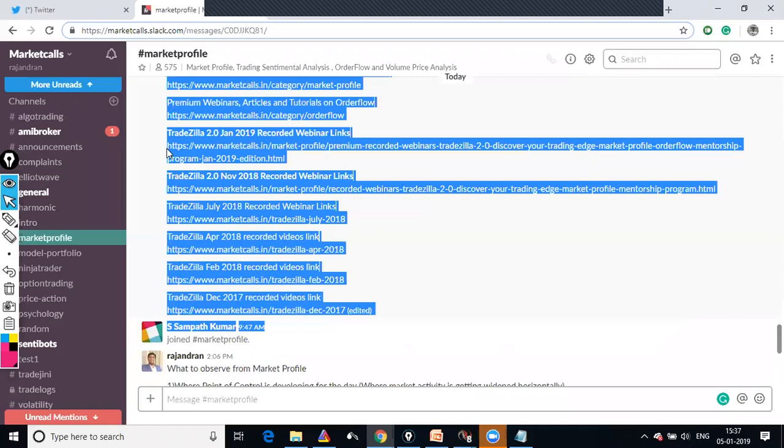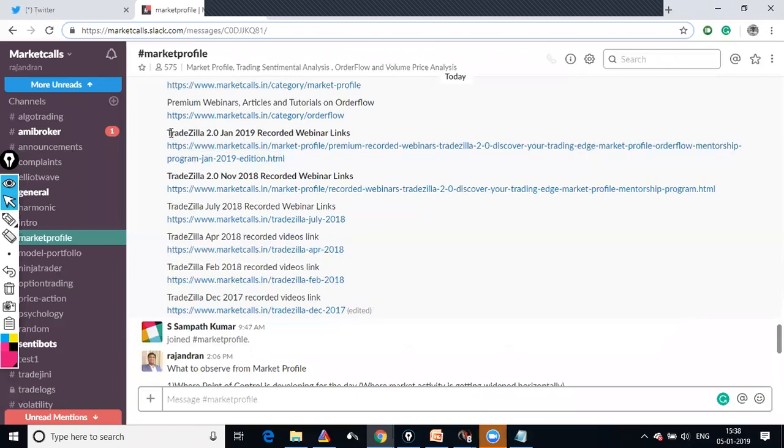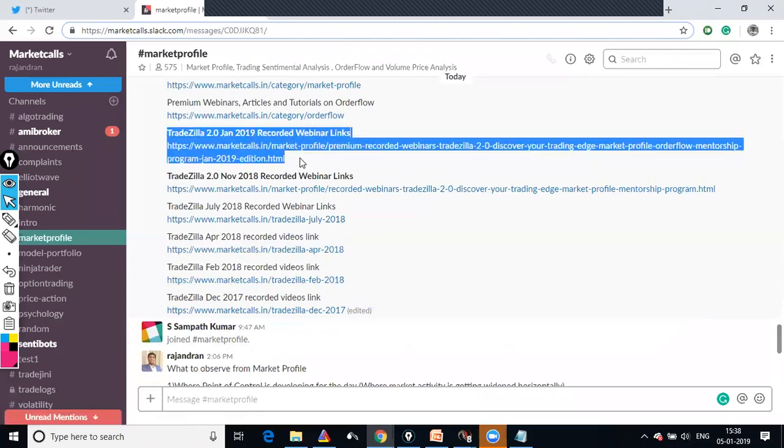TradeZilla 2.0 starts from November 2018 onwards, and we are in the second edition of TradeZilla 2.0, where we started seeing market profile and created a framework to see market profile in a very objective manner.